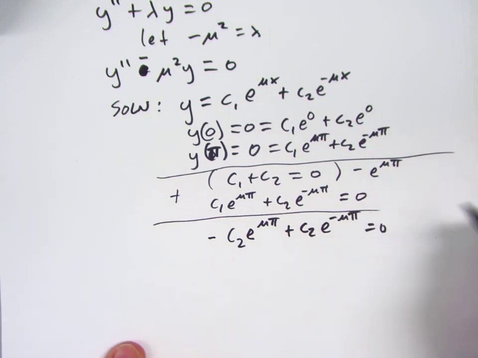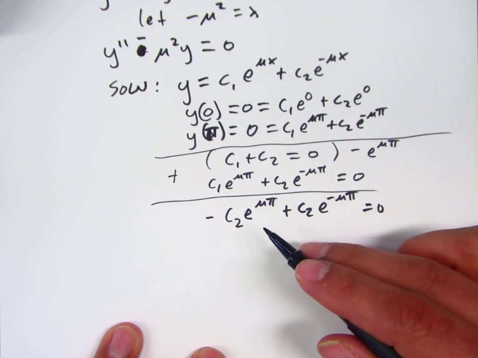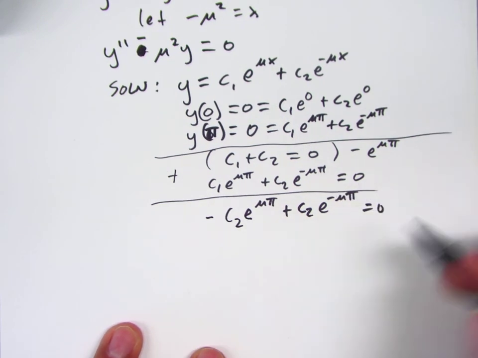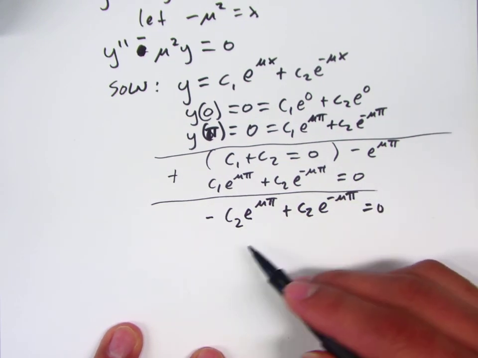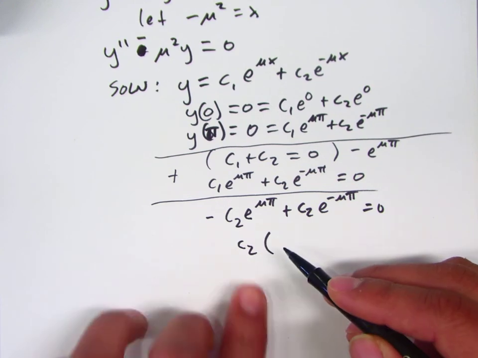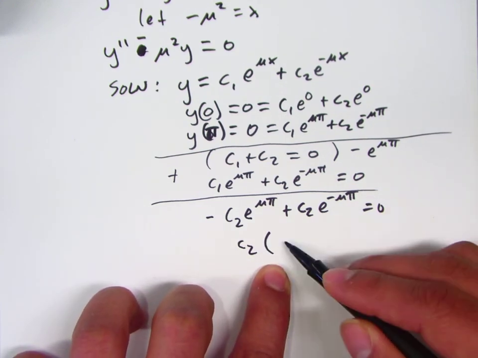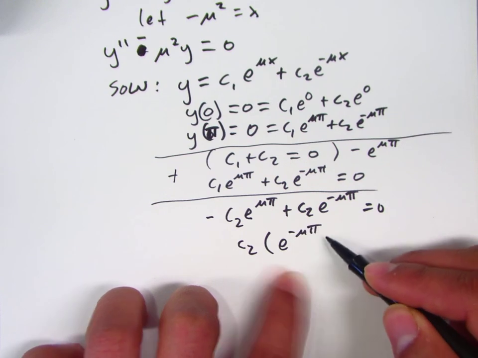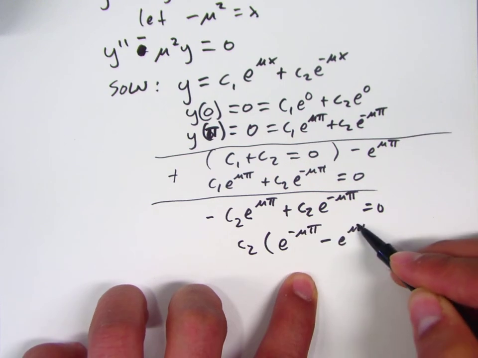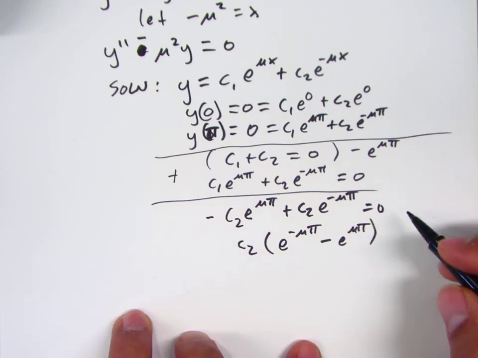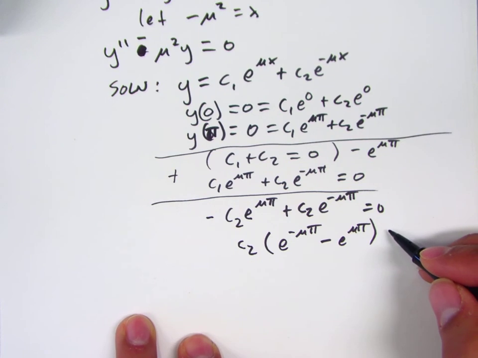Again, our goal was to find what C1 and C2 are going to be, right? So we could factor out C2. And when I factor out C2, I'm going to just switch the order here. I'm going to put e to the minus mu pi first, minus e to the mu pi, and that has to equal 0.